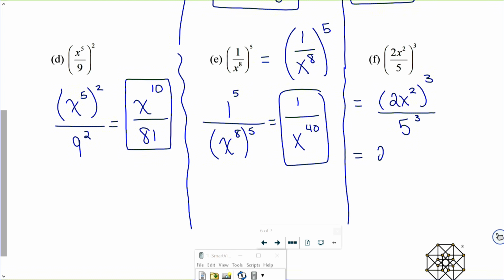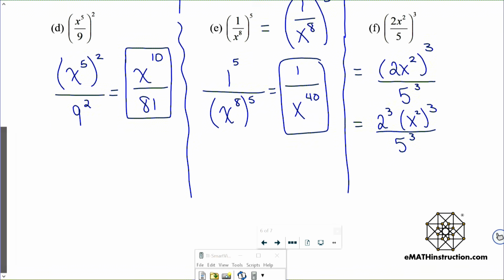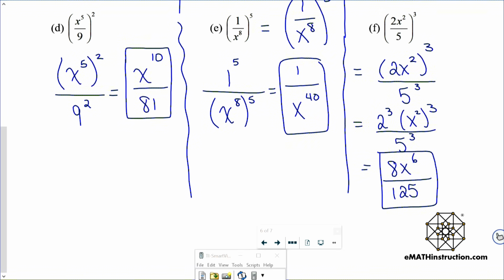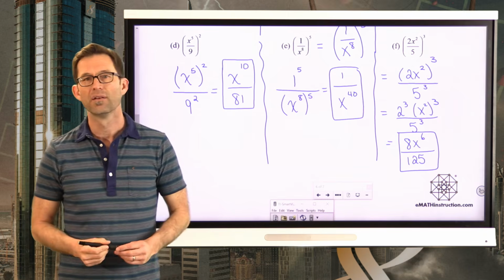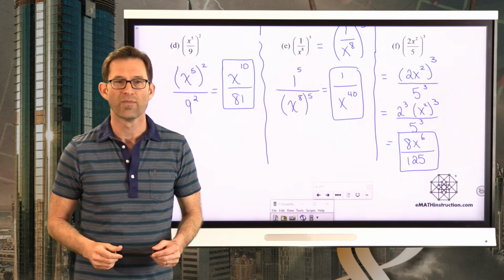But that means I have 2 to the third times x squared to the third, all divided by 5 to the third. Now I'm going to run out of room, right? 2 to the third is 2 times 2 times 2, that's 8. X squared to the third is going to be x to the sixth, and 5 times 5 is 25, times another 5 is 125. So 8x to the sixth divided by 125.